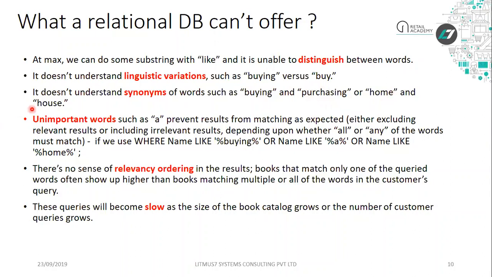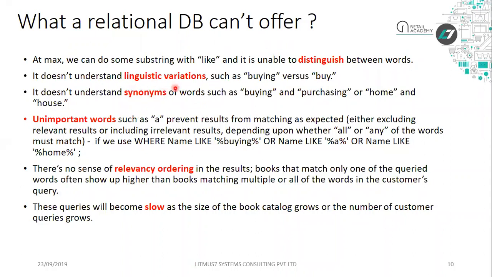And also home or house: if you are searching for home, house is a synonym, and the engine should match the documents containing house, or those containing purchasing. That is about the synonym mapping.